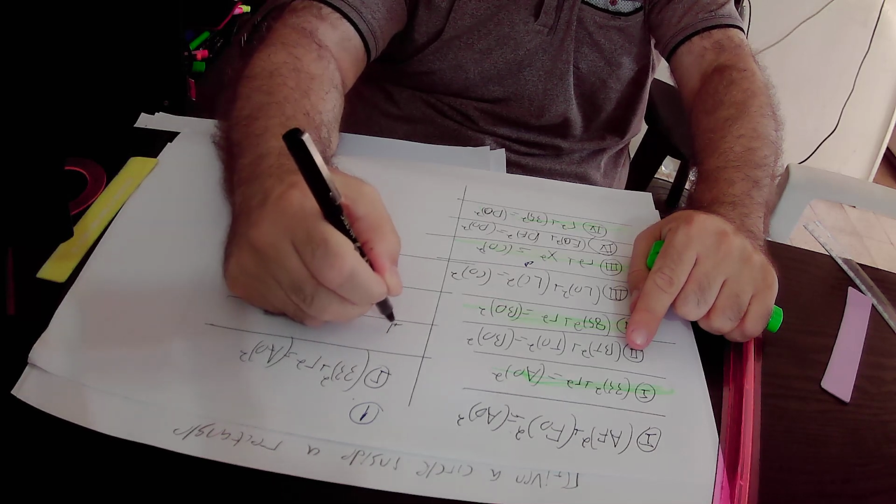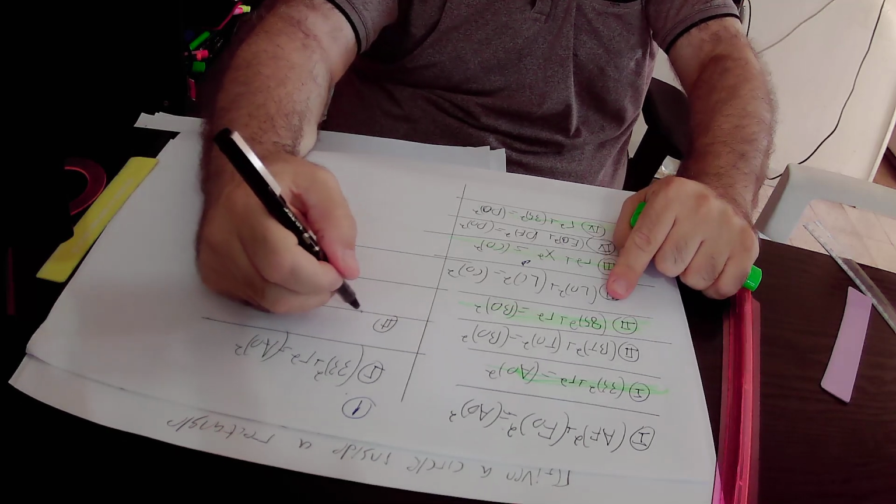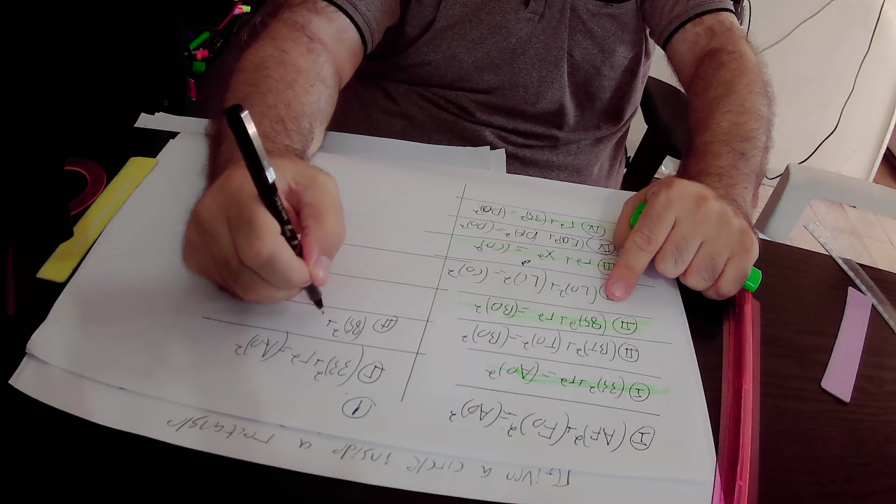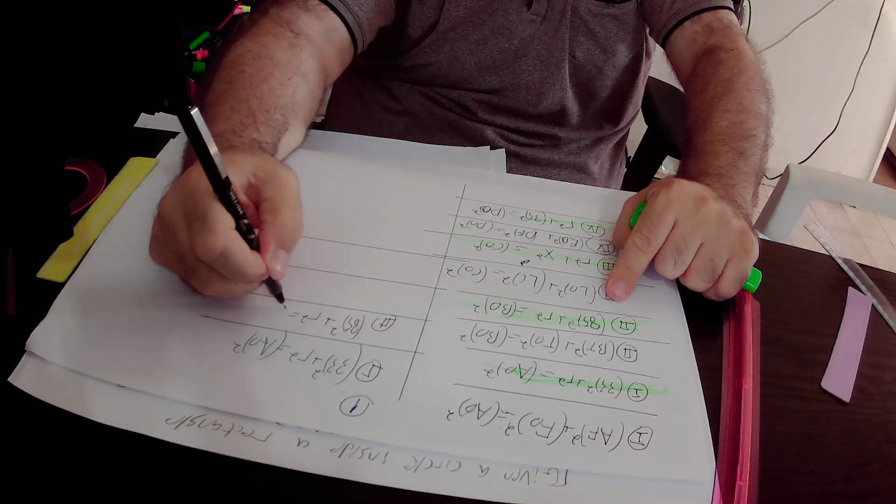According to equation number 2, 85 squared plus R squared equals BO squared.